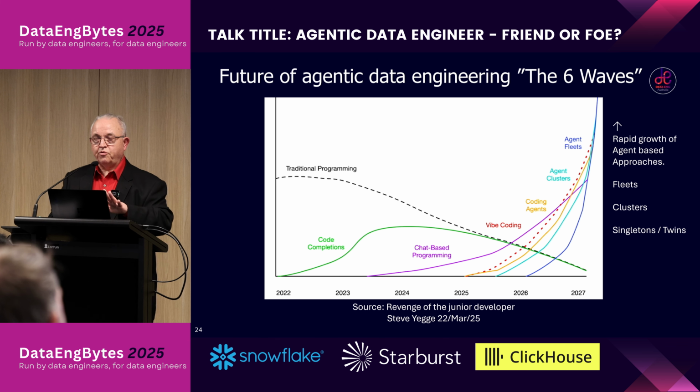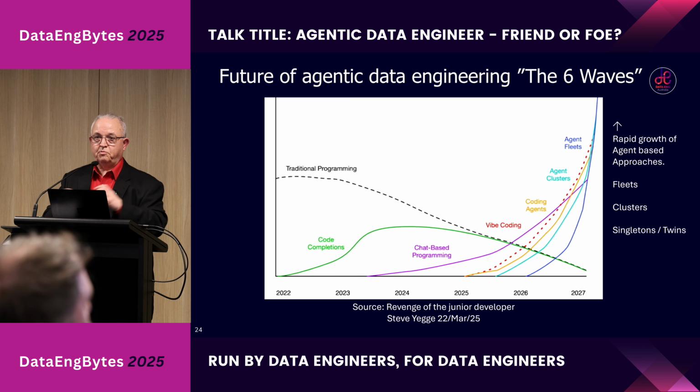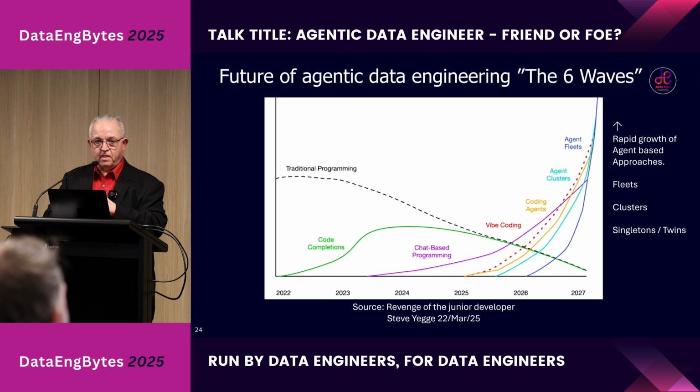And then you start to see those patterns I was referring to, from individual coding agents right up to fleets of agents, fleets being that kind of swarming pattern. And we're going to see that grow quite quickly, and it will actually accelerate in terms of the adoption of these agentic solutions.